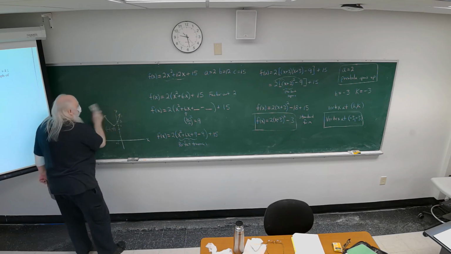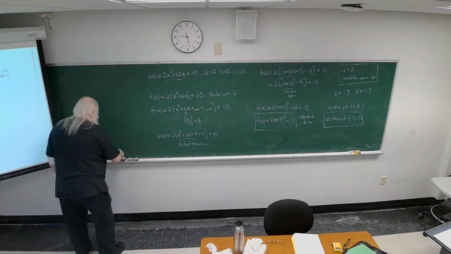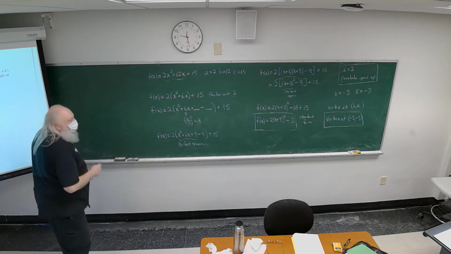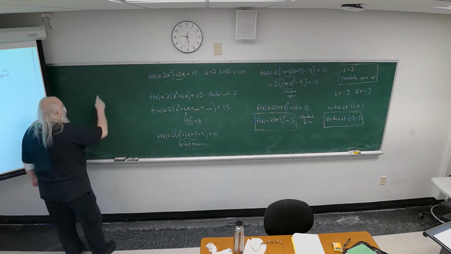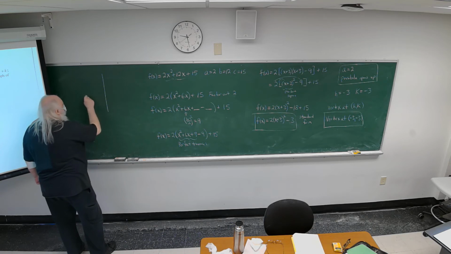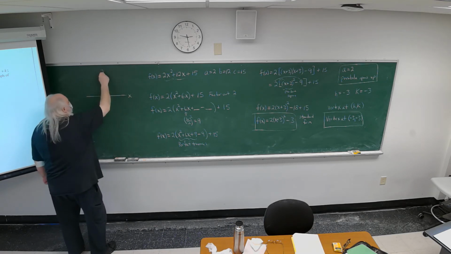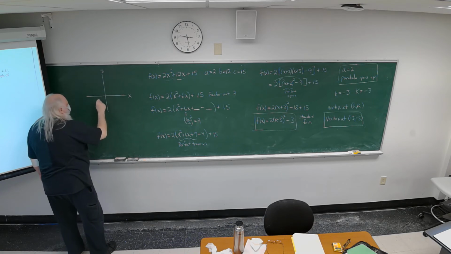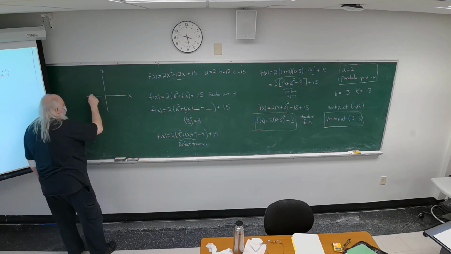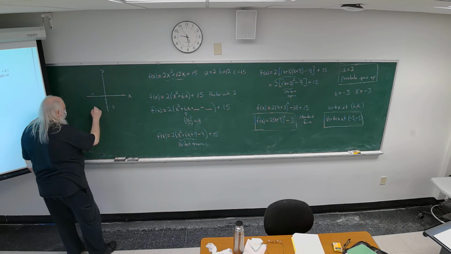So now we can sketch the graph of the given function. The vertex is at (-3, -3), which is in the third quadrant. So here's -1, -2, -3 on the x-axis, -1, -2, -3 on the y-axis.